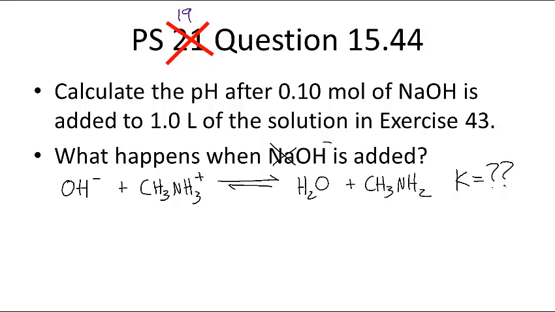Does it look like an equation for Kb? Well, it sort of looks like a Kb equation because it has OH minus in it. But in a Kb equation, OH minus would be a product. This equation is actually the reverse of the Kb equation.